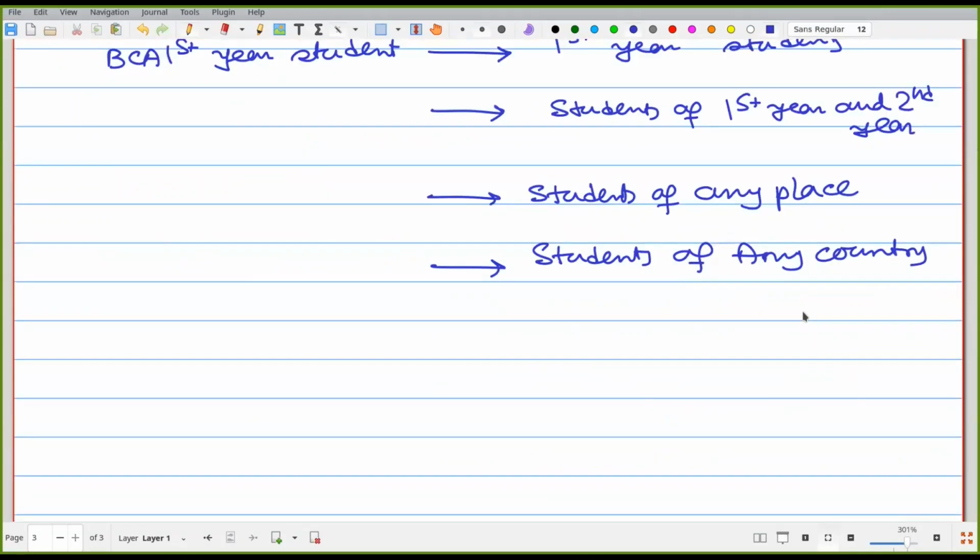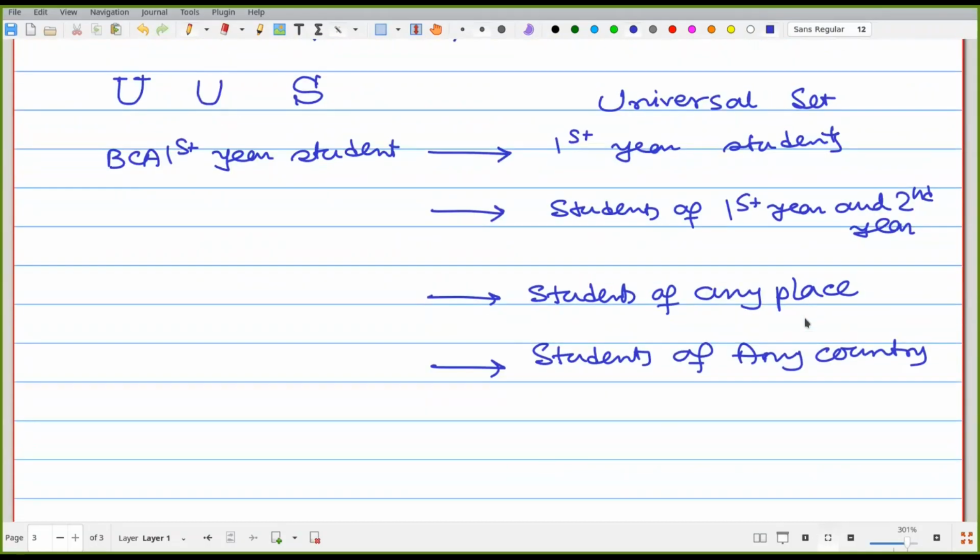Or we can also define the universal set like the students of the world. So according to our requirement, we can change the universal set also. So in each and every case, BCA first year students is the subset of each and every universal set, whatever we have defined here.